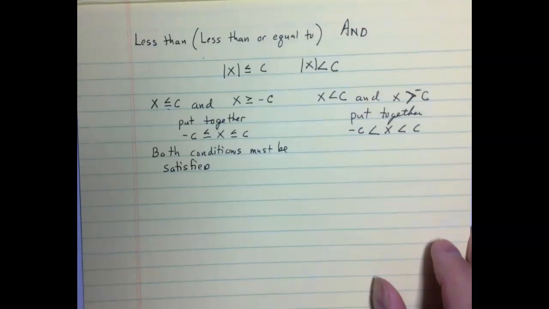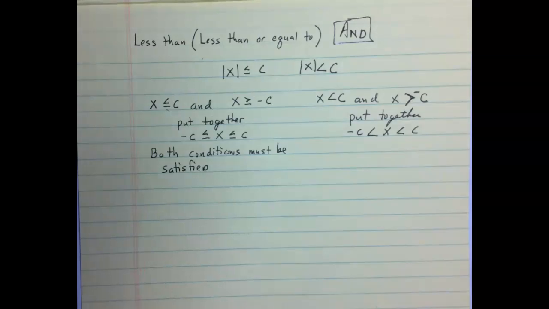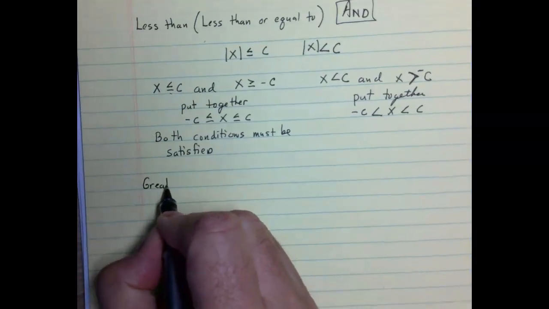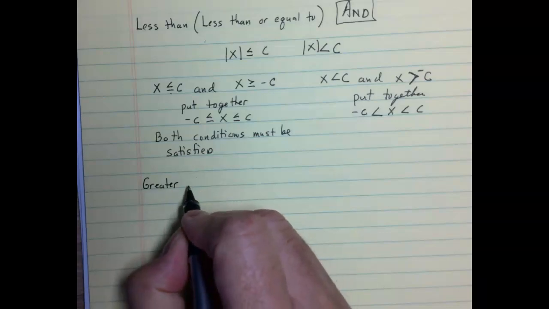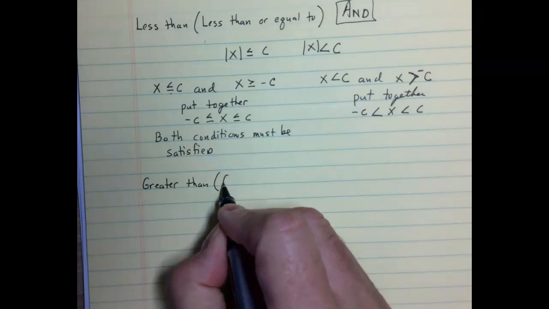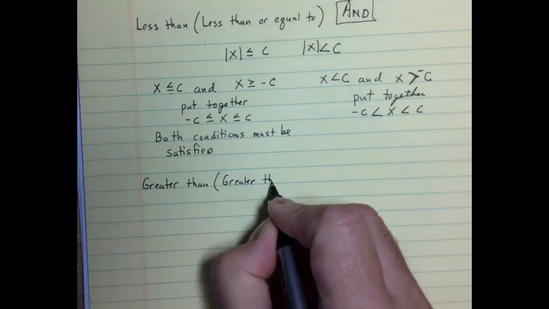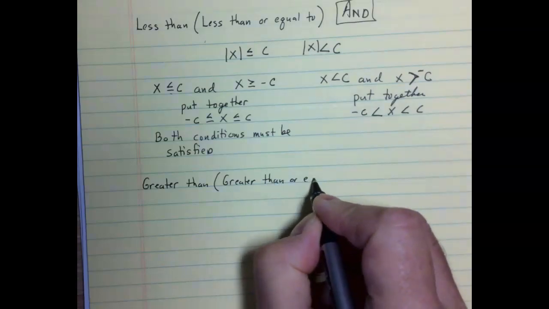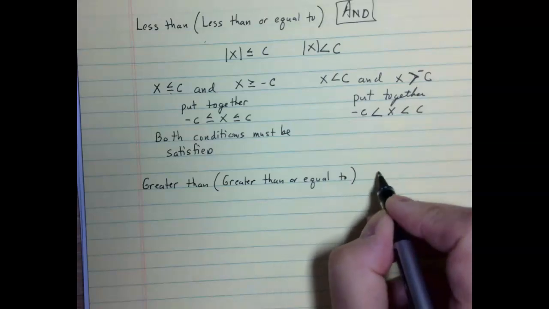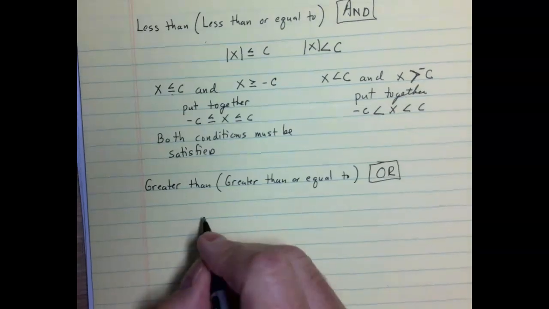Now, the next one, which this was an and case. Okay? The next one is an or, which is greater than, and same thing, greater than or equal to. And so it would look like this.